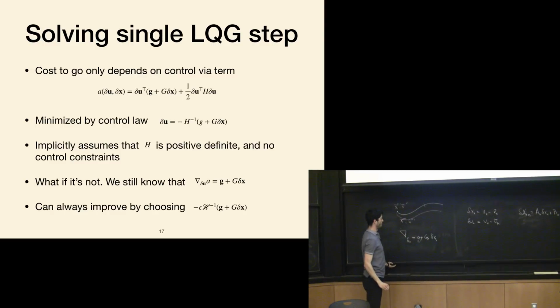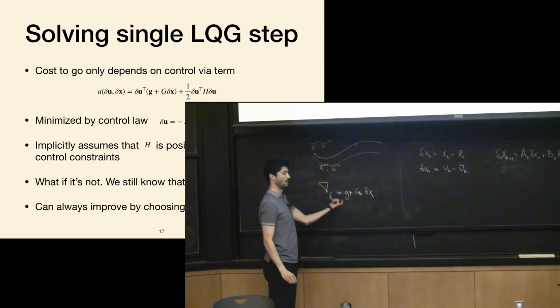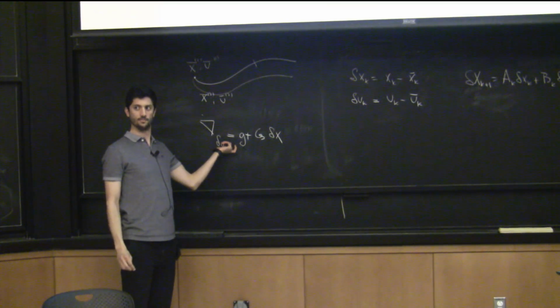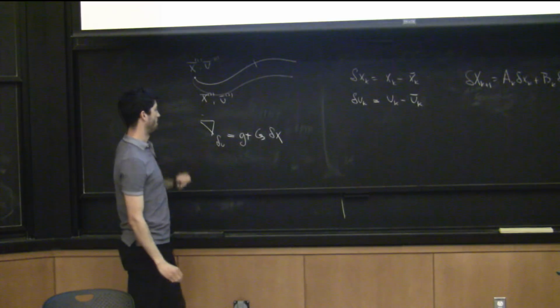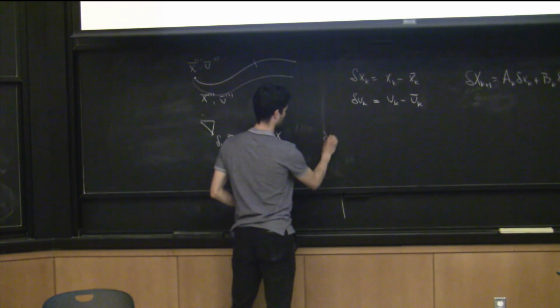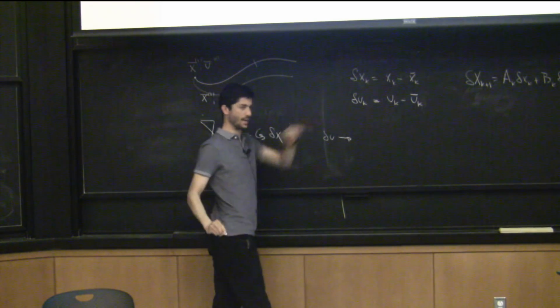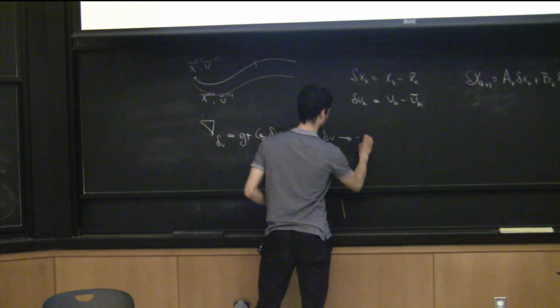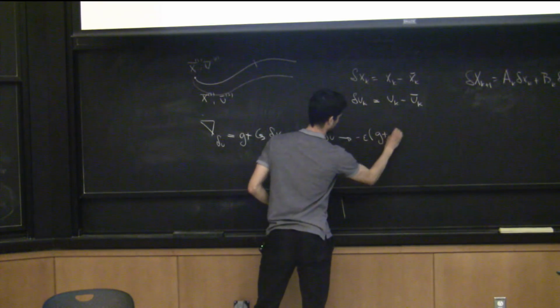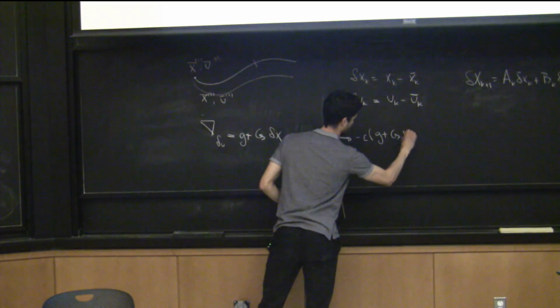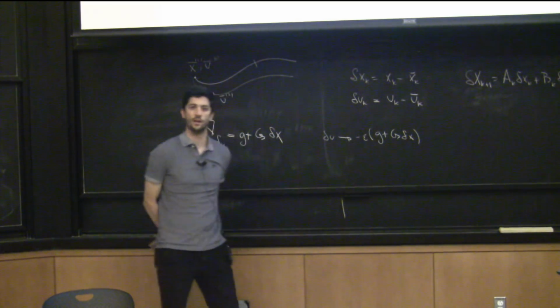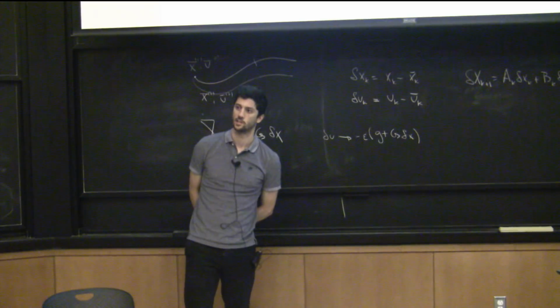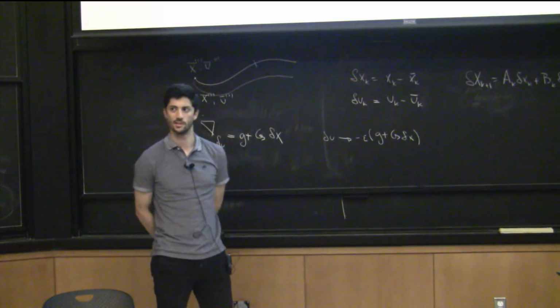The gradient of that cost-to-go really is this term, right? So we can always modify u by going down the gradient. And we can do this for a small epsilon, and this will move us in the right direction. Does everyone see that?